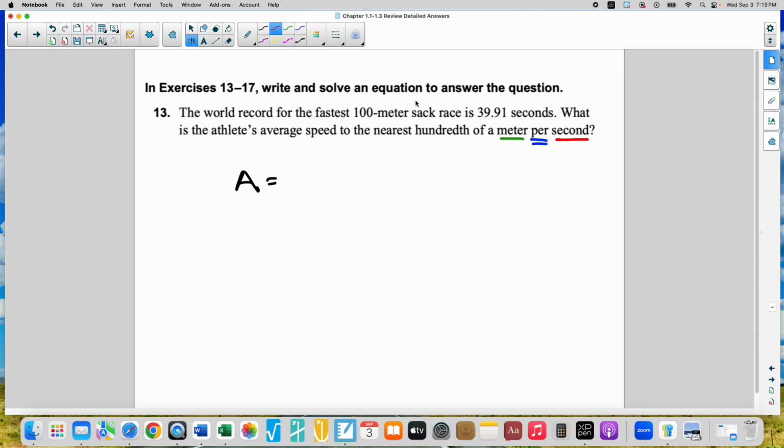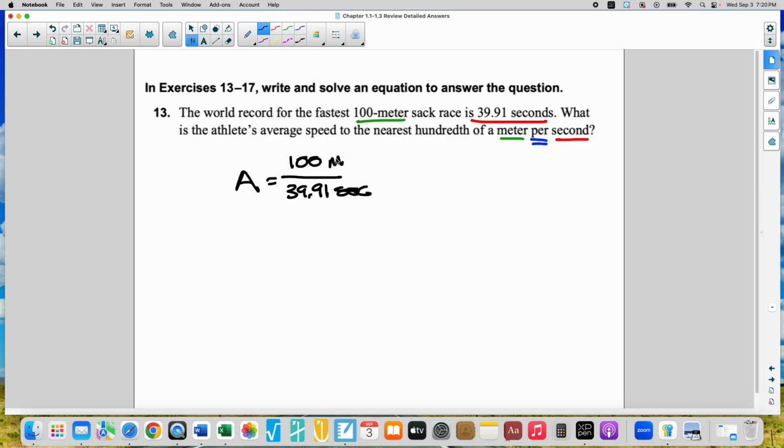Do I have a distance in this problem? Yes, I have 100 meters. So I'm going to put 100 meters divided by, that's the per, and then seconds. Okay, my seconds is a time. So I have 39.91 seconds.